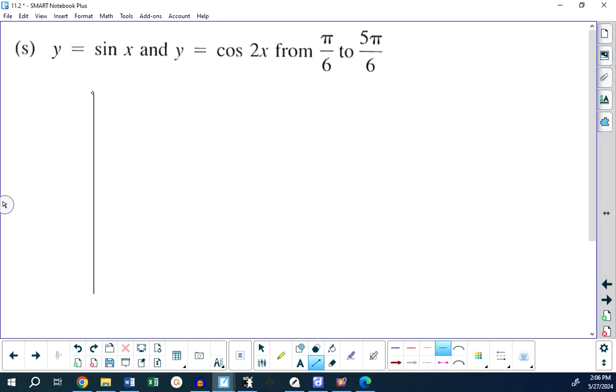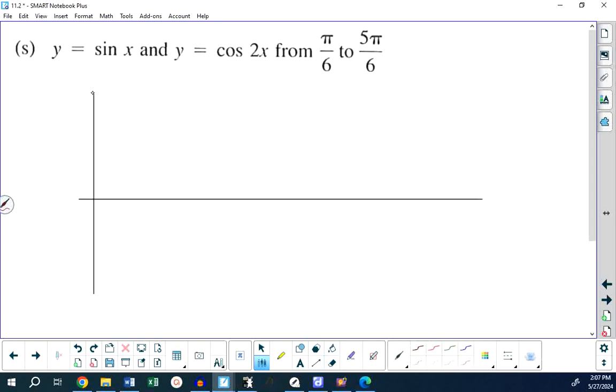So I'm going to do a rough sketch here using my knowledge of trigonometric functions from Math 30, by only going from 0 to pi. I know that the period of sine of x is 2 pi. And if I can just make a little tiny sketch up here to refer to, for sine of x, that's what y equals sine of x looks like roughly.